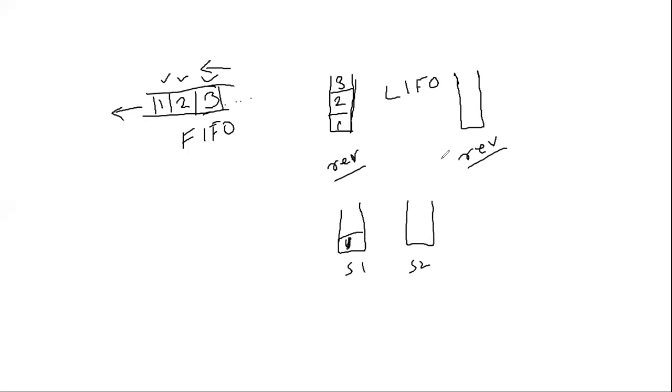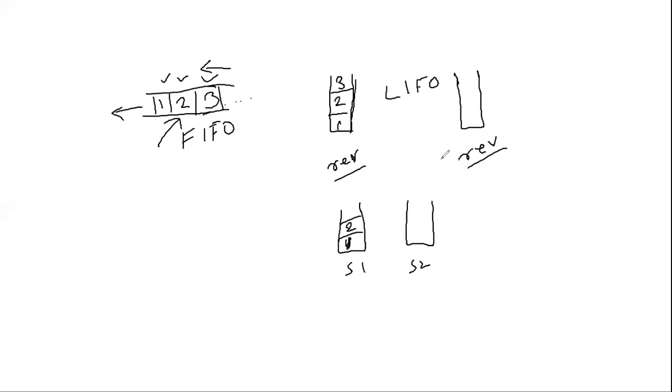Then suppose 2 came. Should I still insert here? The way I implemented it was I was putting everything in stack 1, pushing, and then updating stack 2. That's okay, how you implemented it. It's not the best way, I know, but that's fine. We just want to get one solution to start with. So you push 2.